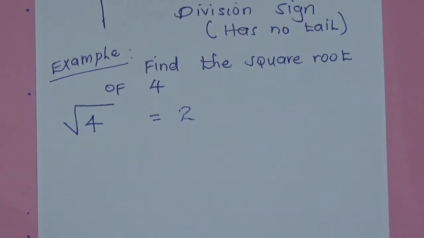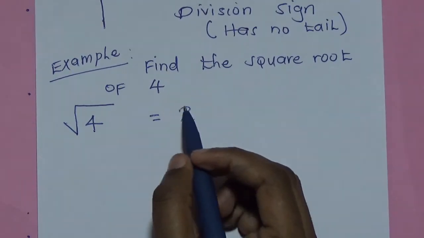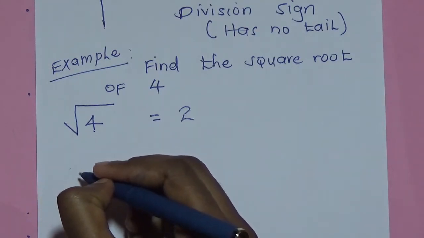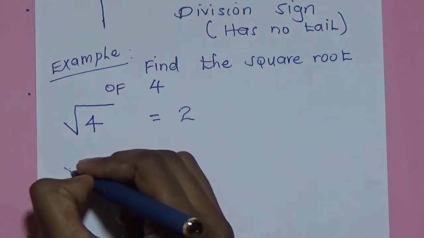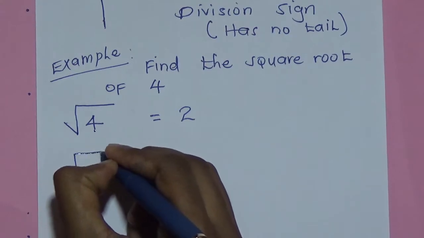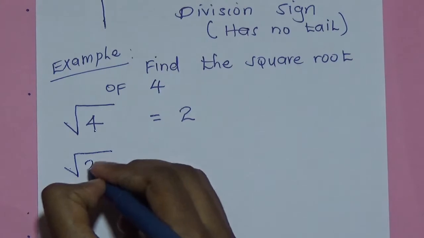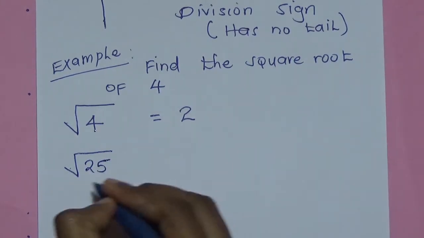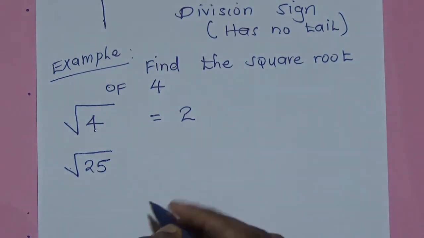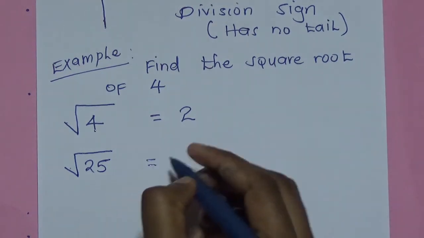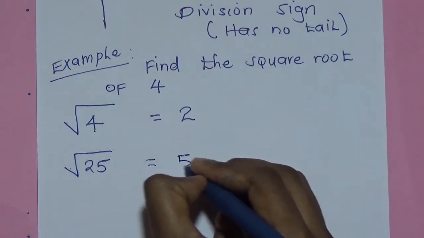Another example. What is the square root of 25? You write the square root sign and then you write 25 inside the sign. And we know that the square root of 25 we have seen is 5.